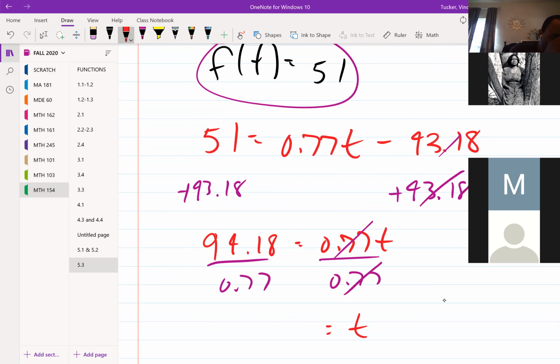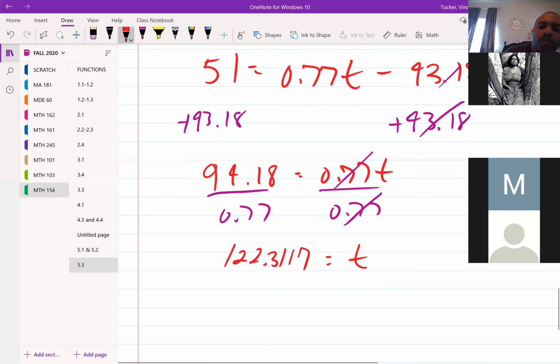T is equal to 122.3117. So let's see what they tell us to round to. Round to 2 decimal places. 122.31. Yep. So they wanted 2 decimal places. So then 122.31 as an answer.